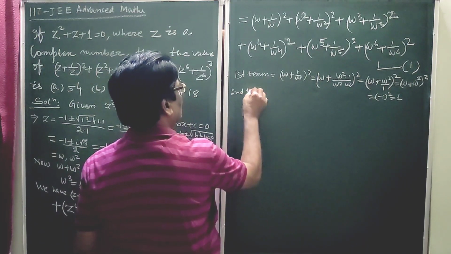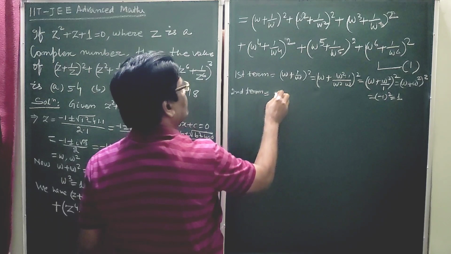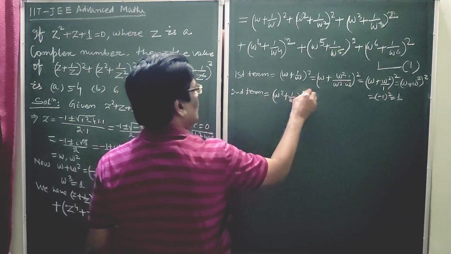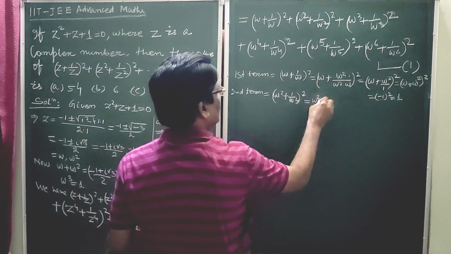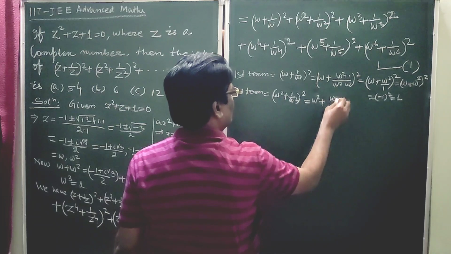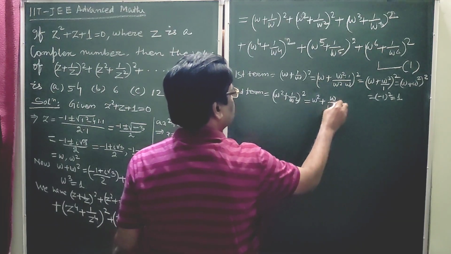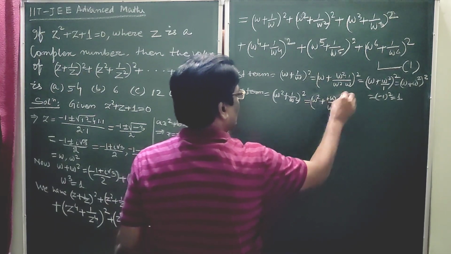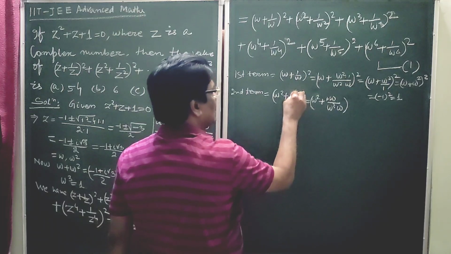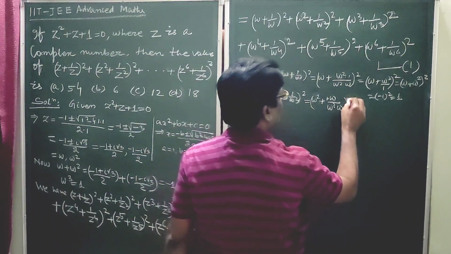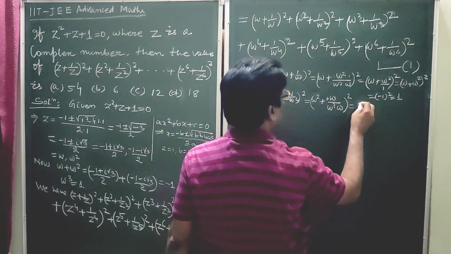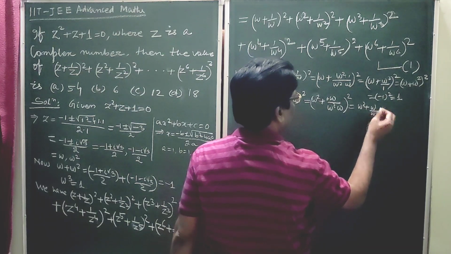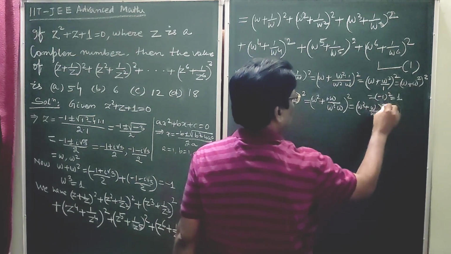Second term is equal to (omega square plus 1 by omega square) whole square. This is equals to omega square plus 1 into omega square into omega. So we have multiplied omega to the numerator and also the denominator. This whole square becomes (omega square plus omega by omega cube) whole square.